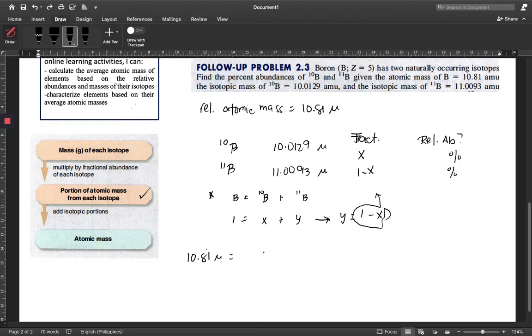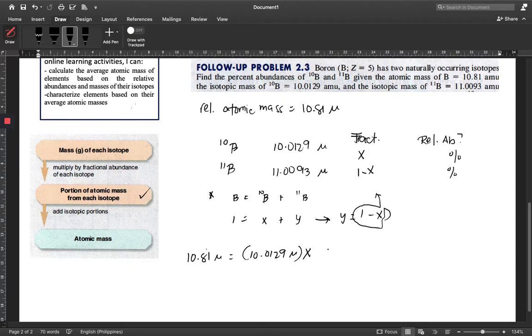For boron 10, we have 10.0129 amu times its fractional abundance, which is x.